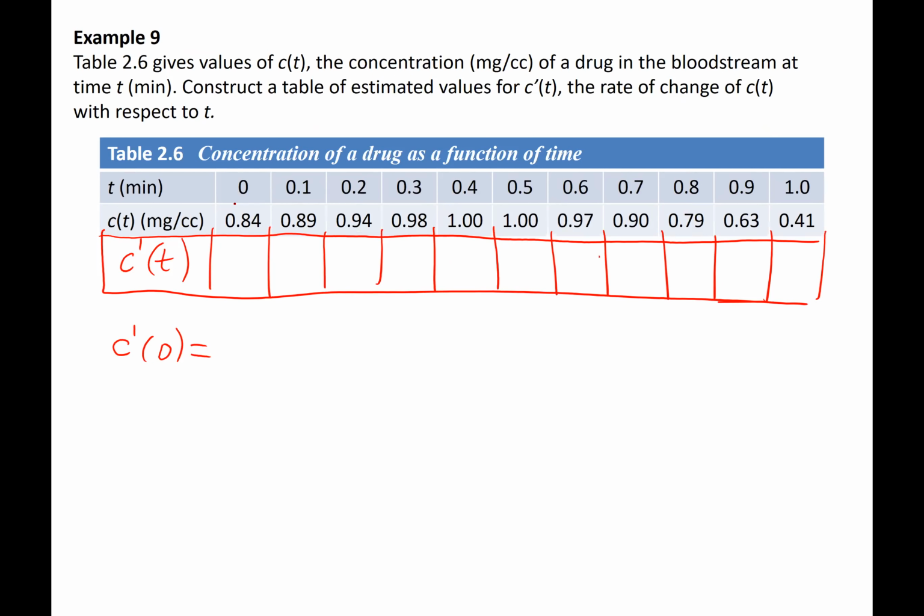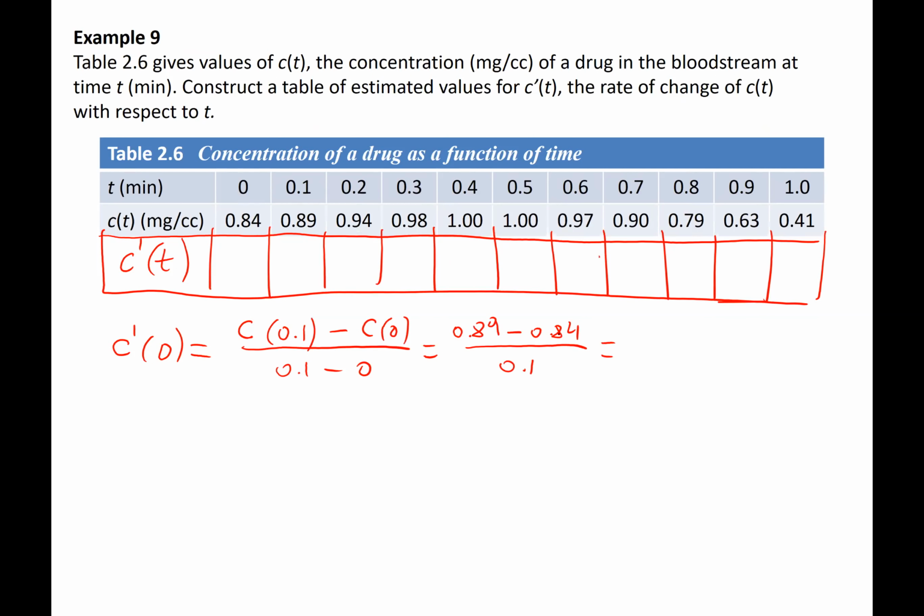So C prime at 0, I will use that interval: the concentration at 0.1 minute minus the concentration at 0, over 0.1 minus 0. That means 0.89 minus 0.84, divided by 0.1.